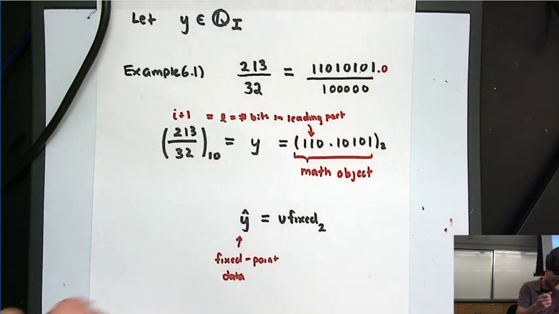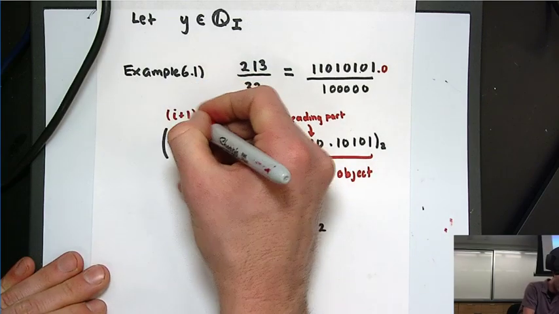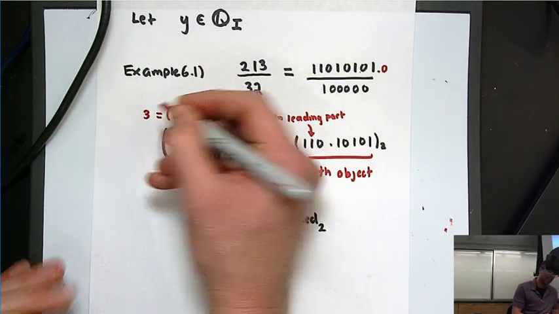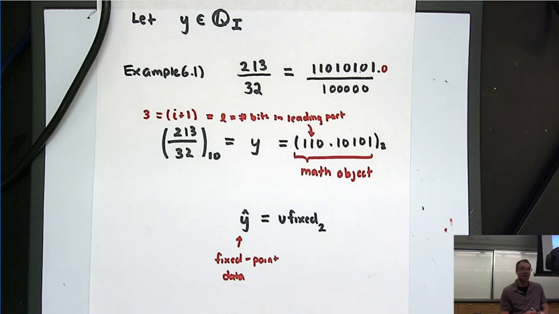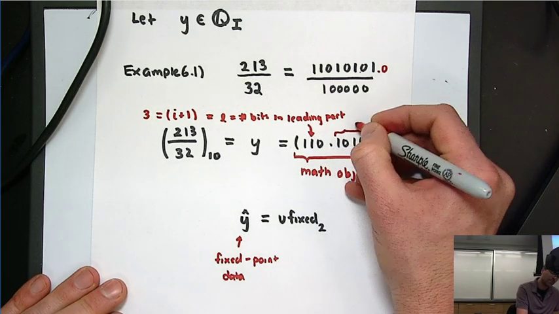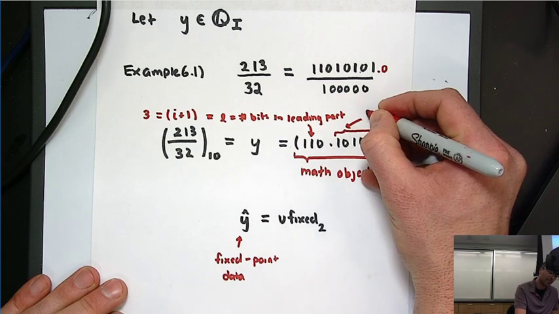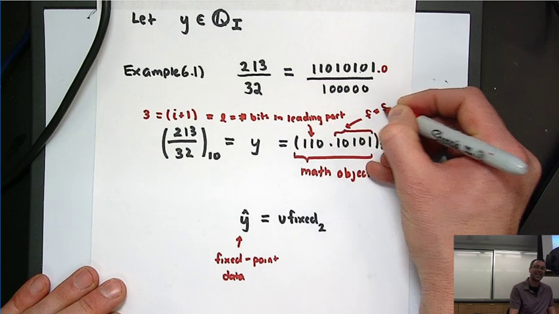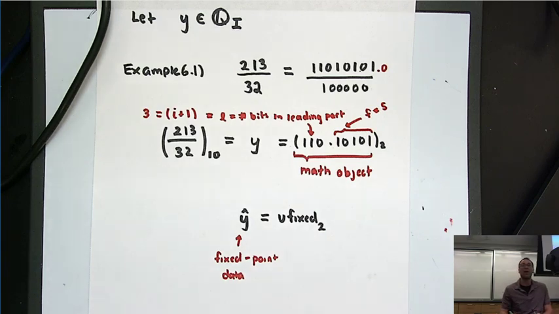So in the math object, the leading part has to have 3 bits. How about the fractional part? 5 bits. Yeah, in order to get this identically in the fractional part, I would have 5 bits.